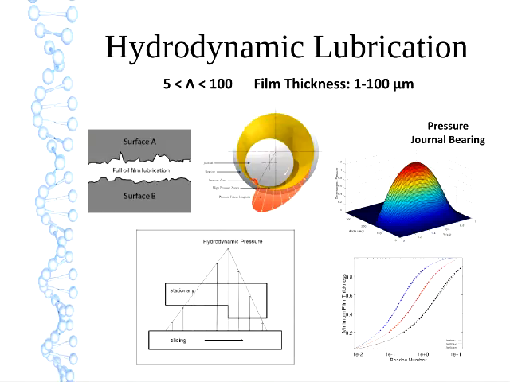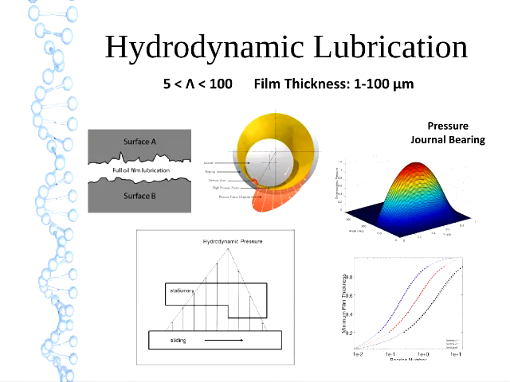The film thickness ratio is generally between 5 and 100, and the film thickness is between 1 and 100 microns. You see the film thickness is generally thicker here than with elastohydrodynamic lubrication. And that is because with the larger surface, it's harder to keep them separated over the entire thing.